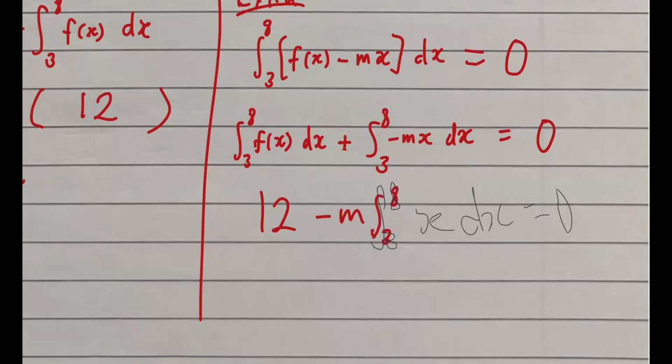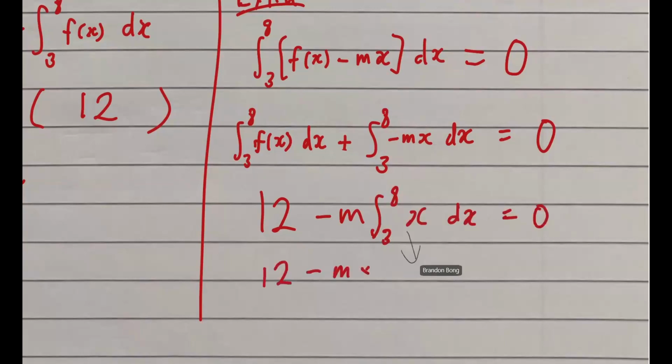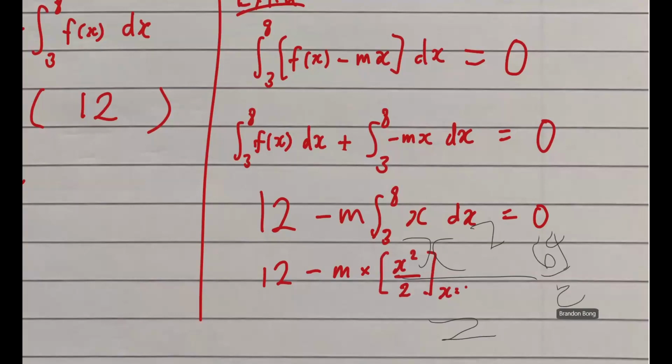So you're just left with integral 3 to 8 of x dx equals 0. So 12 minus m multiplied by, what's the integral of x? x squared over 2, first. Must do carefully. Then x equals 3, x equals 8, equals 0.